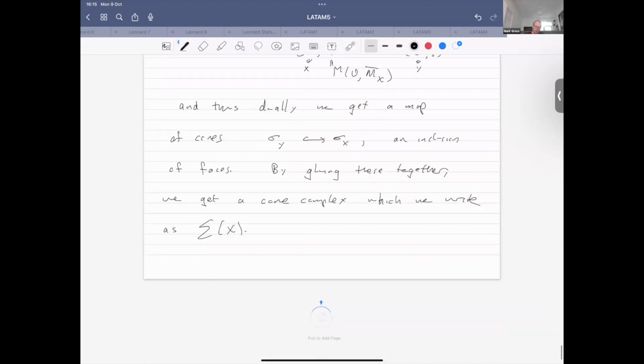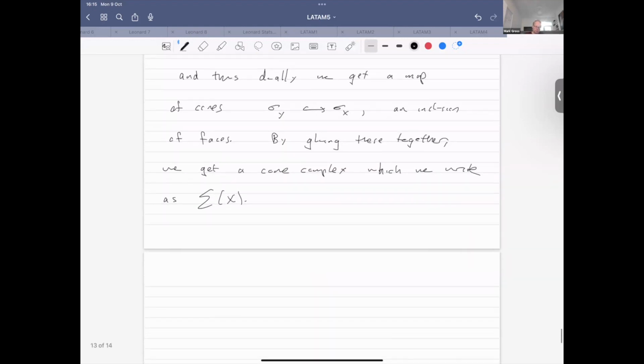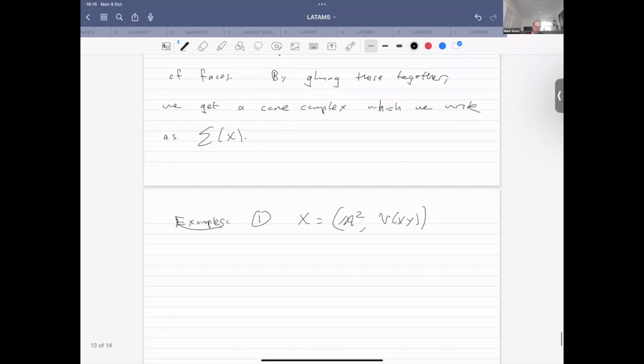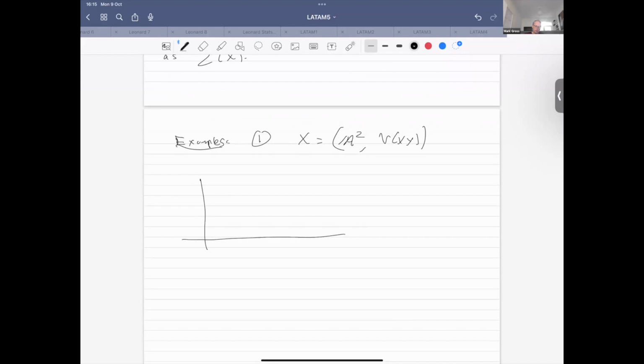So let me do a couple of examples here. The first example is to take X to be A^2 with V(xy), with the divisorial log structure. So what does M bar look like? Over here, let's take this to be given by y equals 0. Over here, sections of M_X look like phi times some power of y. Over here, sections look like phi times x^a times y^b.